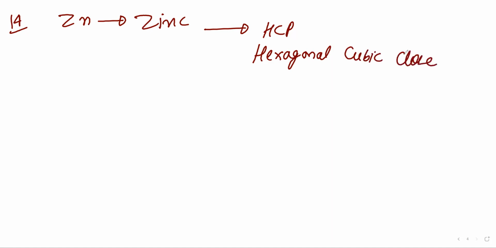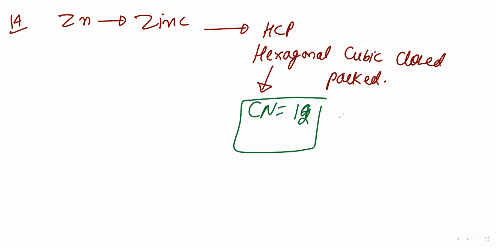Then find the number of nearest atoms, you have to find it. So in hexagonal close pack, the coordination number is equal to 12. So please remember the coordination number for hexagonal is equal to 12. So this is the point you have to write.